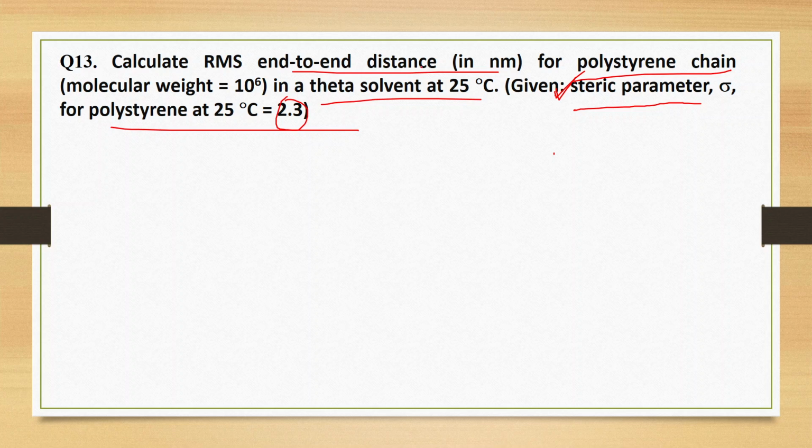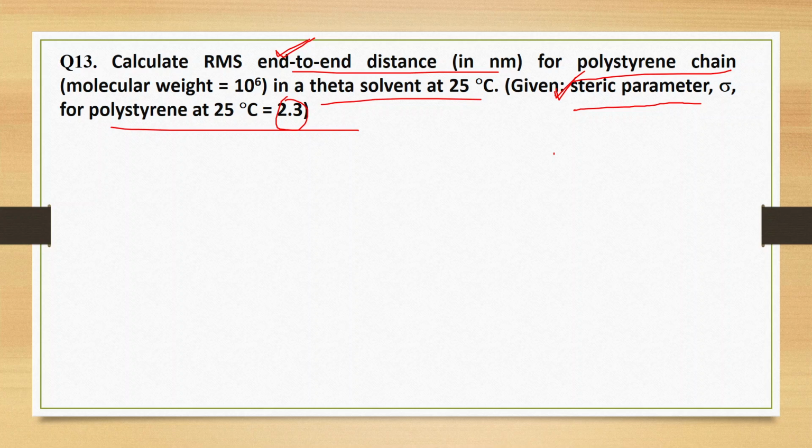If it was not involved, there was no point in giving the sigma value. This is a real-life example where bond angle, short-range interaction and long-range interaction all come into account.